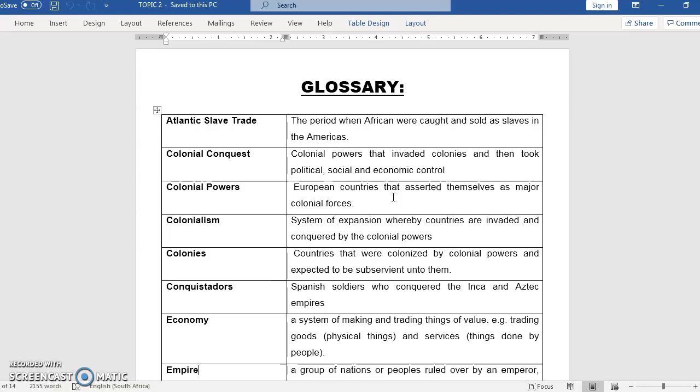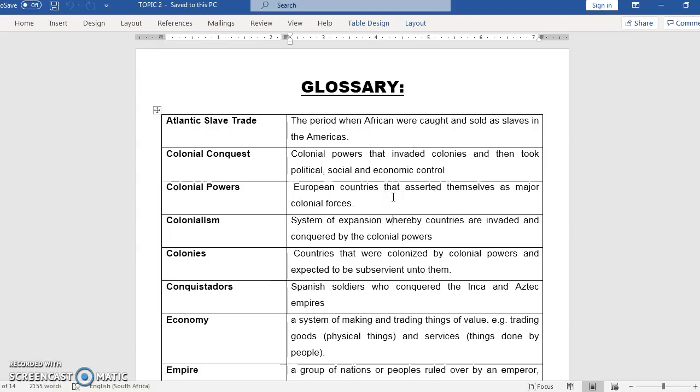They would go to other countries and just completely take them over, and then start to use the resources of that country. They became known as colonial powers, which is the next thing underneath. So colonial powers, as I've explained, are European countries that asserted themselves as major colonial forces. They actually built themselves up to take over other countries, basically.